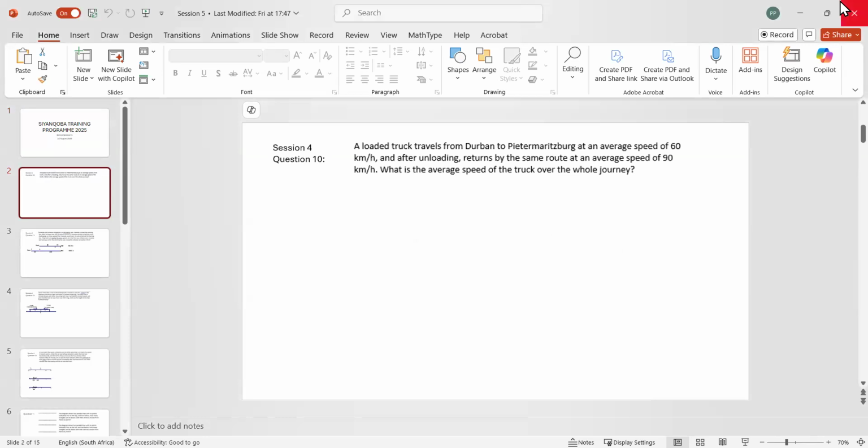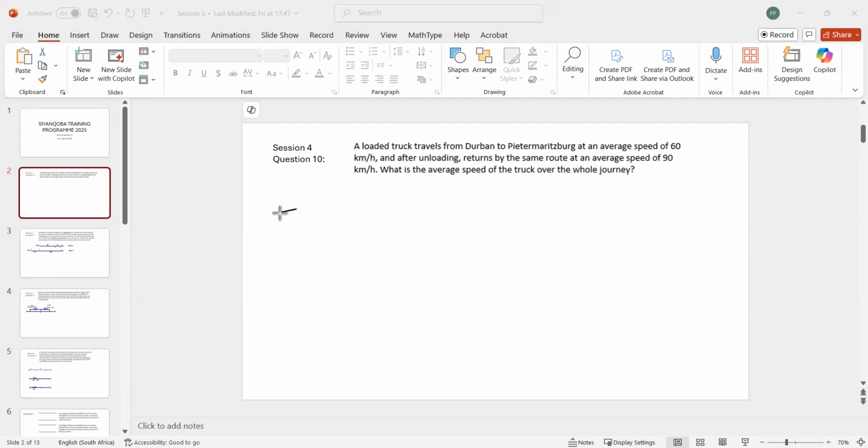So let's have a look at the very first question. This question says, a loaded truck travels from Durban to Pietermaritzburg at an average speed of 60 kilometers per hour. So the speed from Durban to Pietermaritzburg is given, that's 60 kilometers per hour.